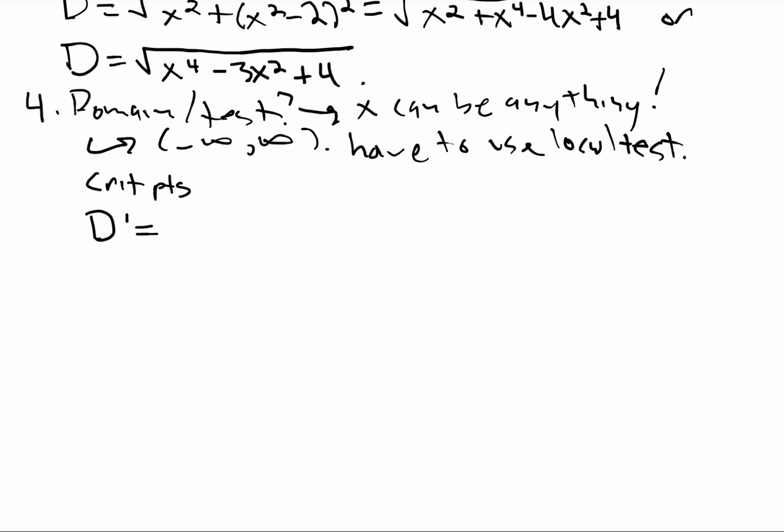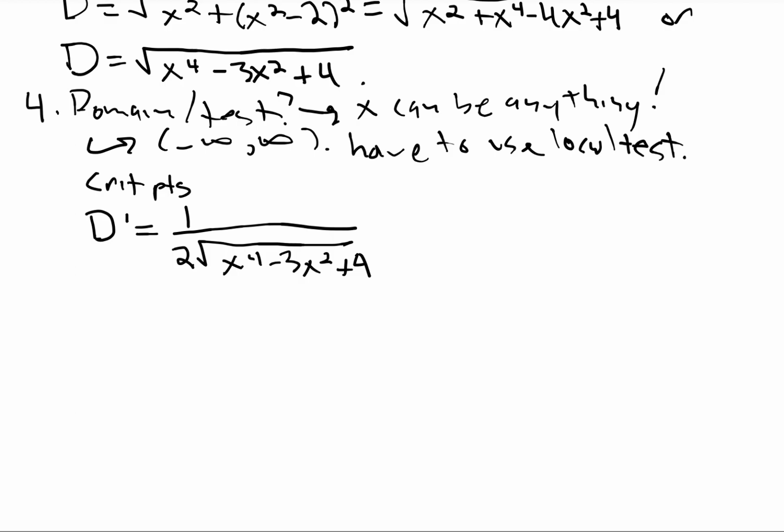And the chain rule applies here. This is technically that polynomial raised to the 1/2, if you want to interpret it that way instead of the root. So I can view my derivative as 1 over 2 times my square root, x to the 4th minus 3x squared plus 4.